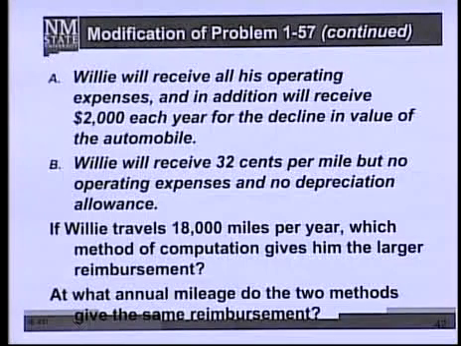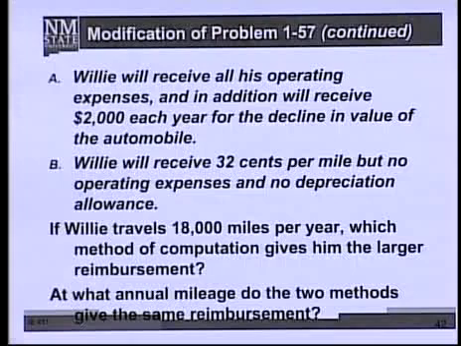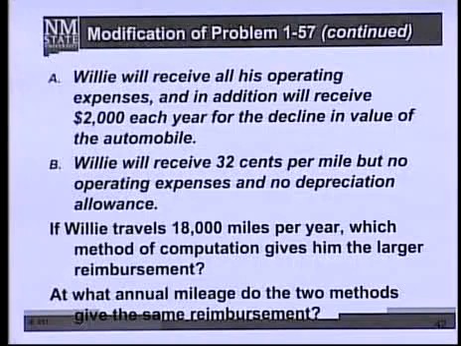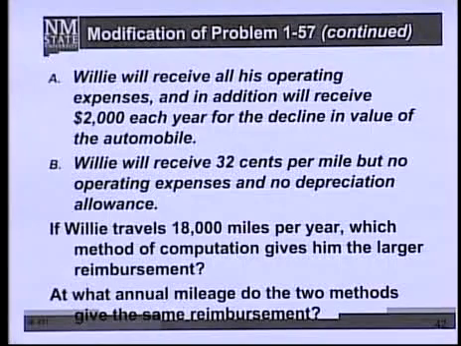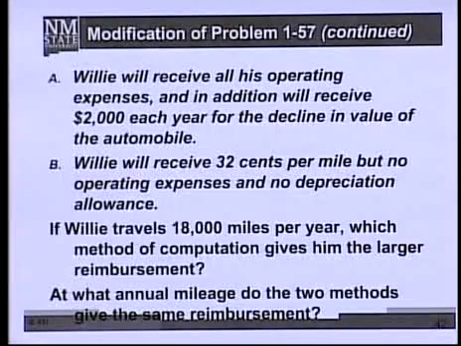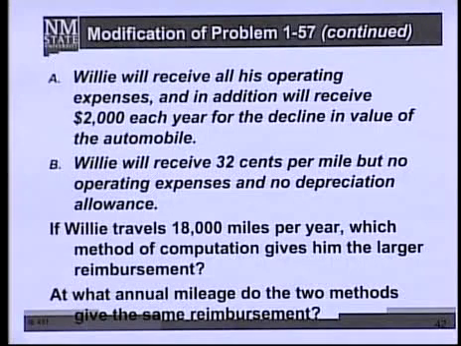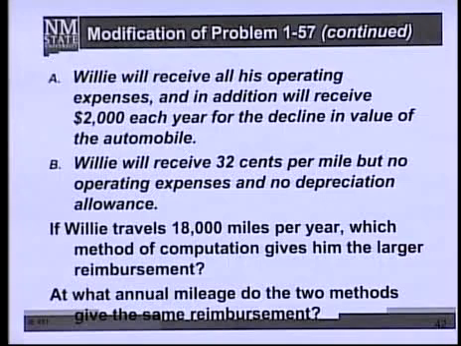Plan B, Willie will receive 32 cents per mile, but no operating expenses and no depreciation allowance. Now, if Willie travels 18,000 miles per year, which method of computation gives him the larger reimbursement?